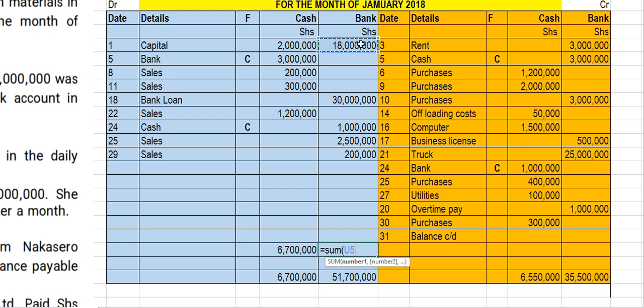Remember, your totals should be on the same side, on the same line always. To get the balance carried down, for cash, I have my 6.7 minus this total of 6550.